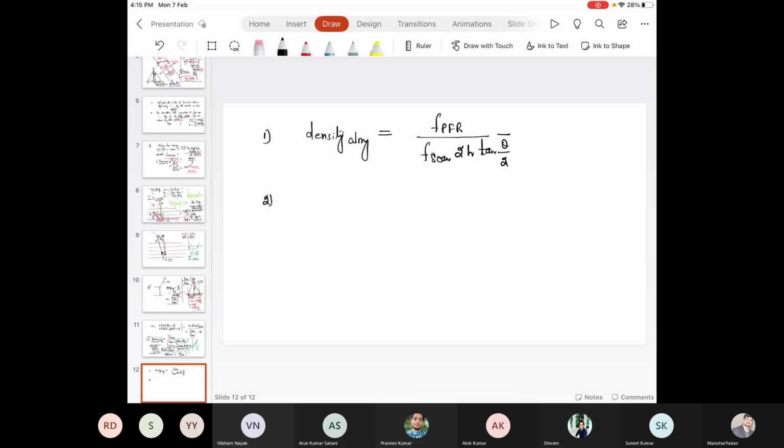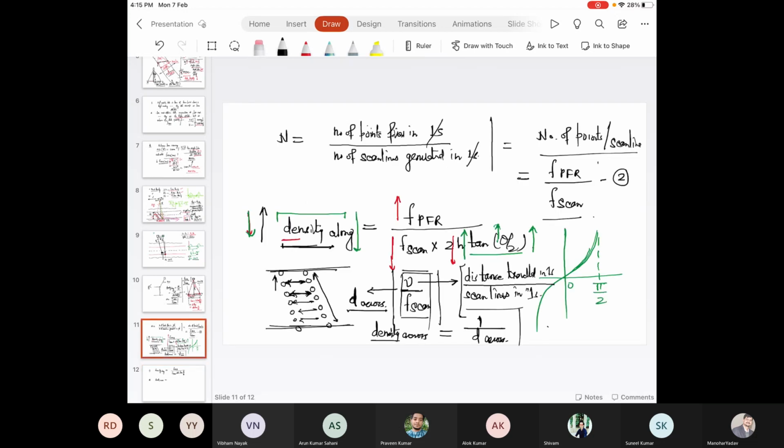So density along the scan line we have derived, and then density across. What is density across equal to?